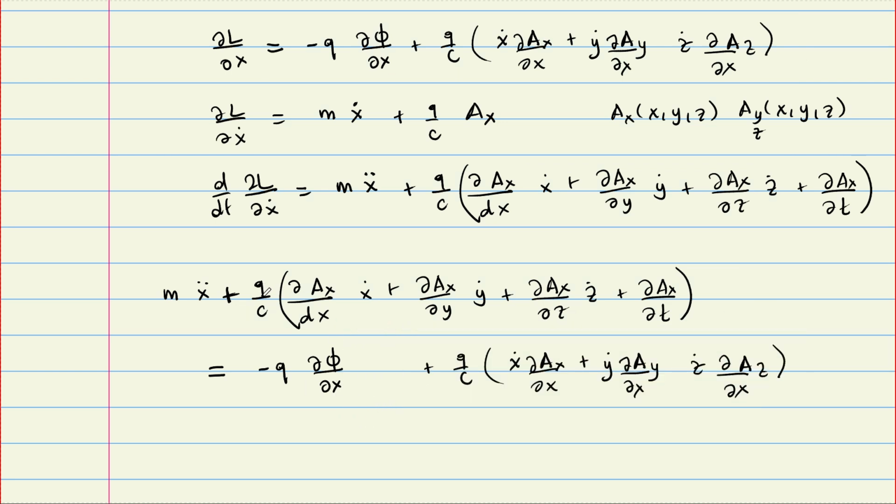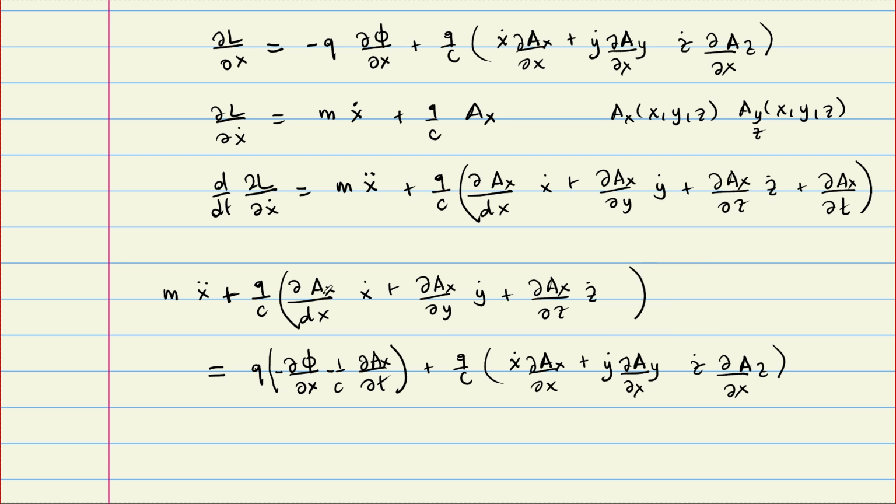Here I want to take this q over c del A del t to here, and I have minus q, so let me put minus here. This is minus del L del x minus 1 over c del A x del t, and I am done with this term.